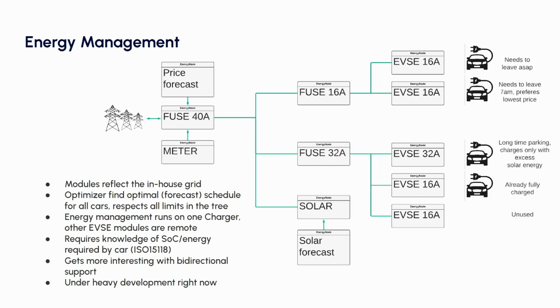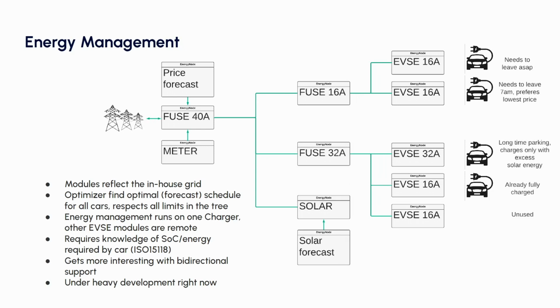On the left side, you see it's labeled fuse 40 amps, for example. That's the grid connection point where the house is connected to the power grid. You can load a module for that. That's typically just a fuse, so EVerest needs to know what the fuse there is. But you can also connect side modules to it, for example, a power meter, so that EVerest knows what the power consumption at the grid connection point is.